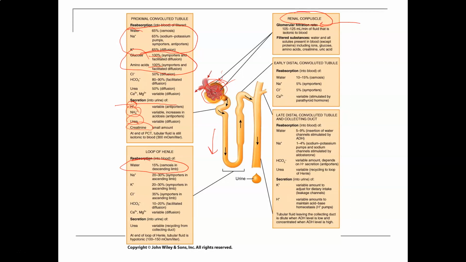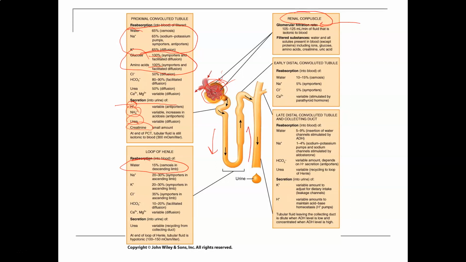You can make urine much more concentrated than your blood if you need to conserve water. If you drink a whole bunch of water, you're going to make lots of very dilute urine. But if you need to concentrate it, having long loops of Henle is very helpful. So additional water reabsorption is the big event going on in the descending limb of the loop of Henle.